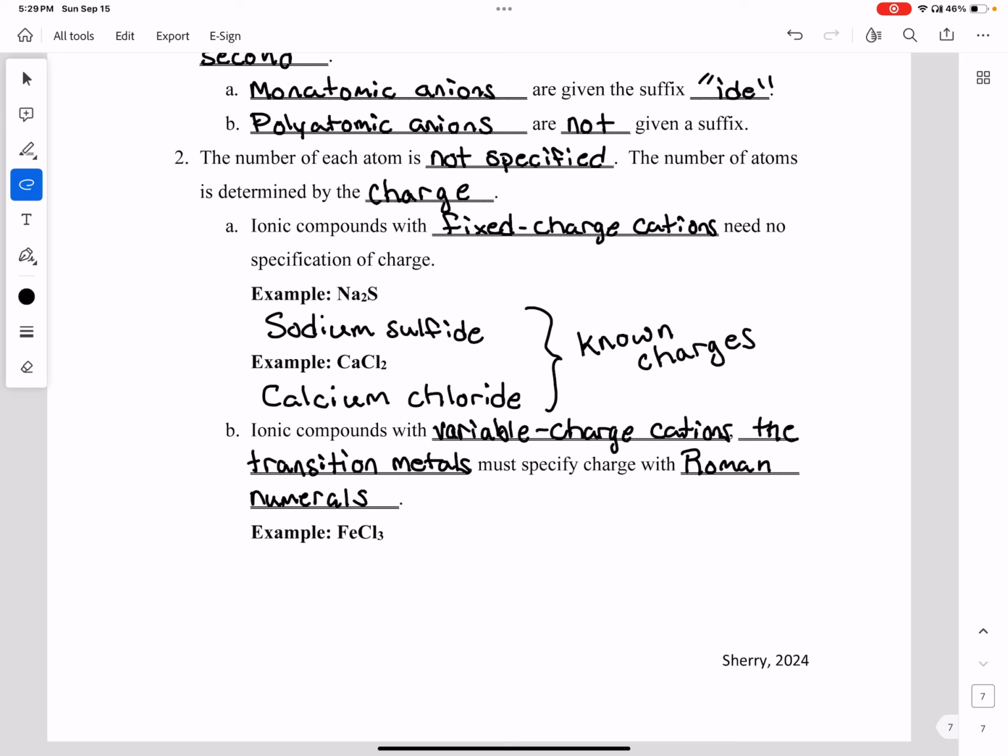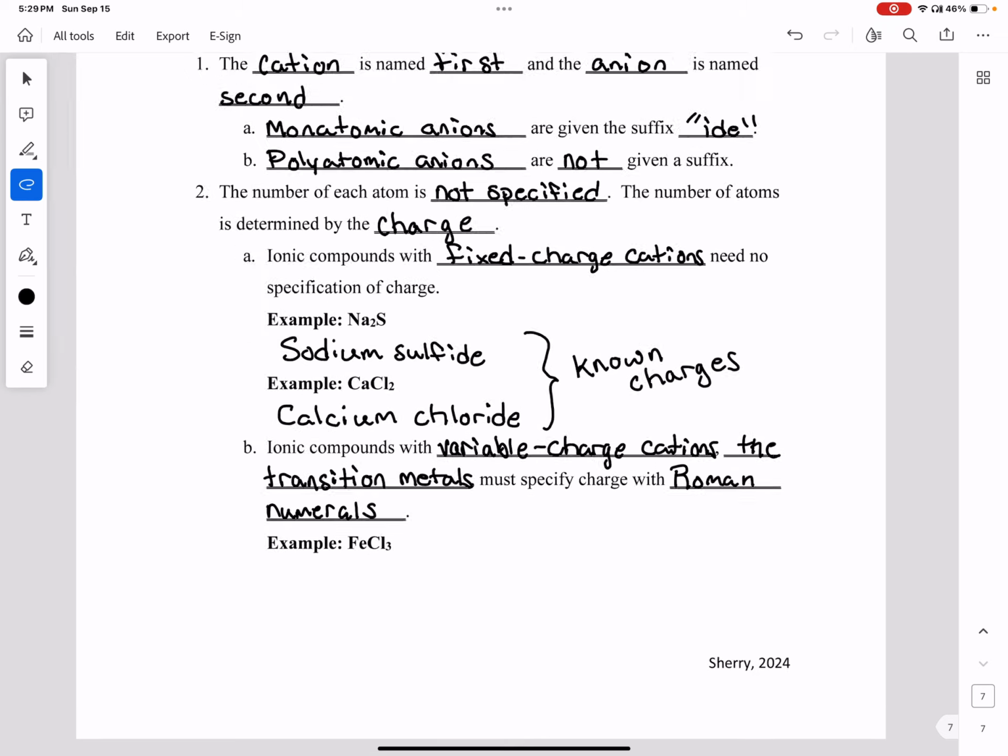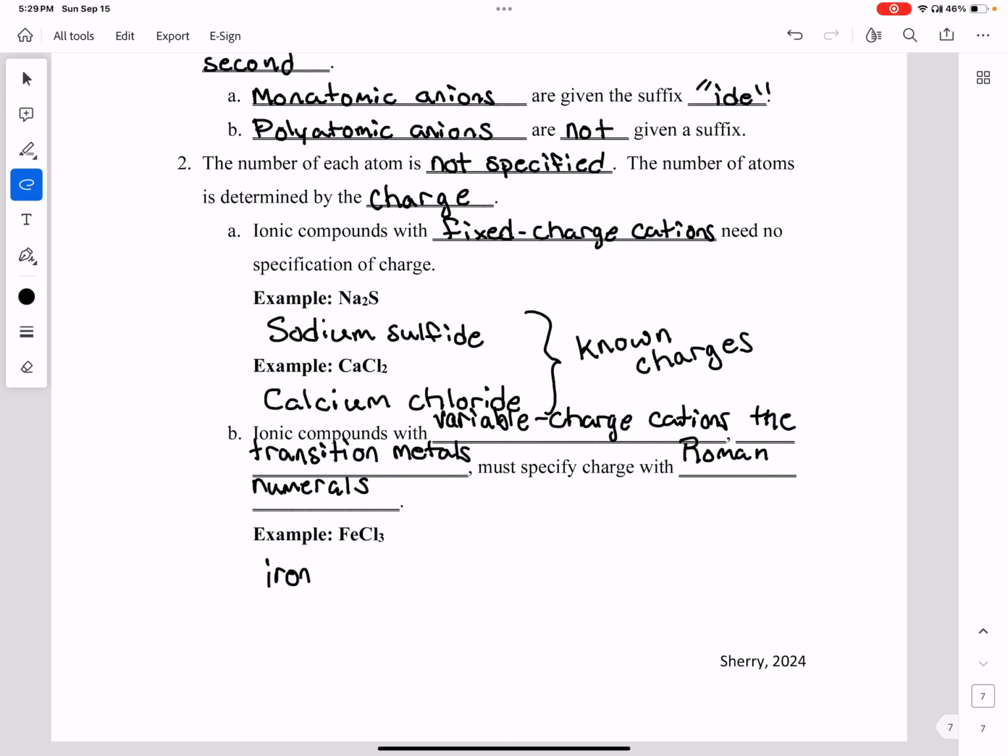For example, if I have FeCl3, I'm going to specify the charge of the Fe, not the number of Cl's. So this is going to be called iron 3 chloride. I'm specifying the charge of the iron, not the number of chlorides. I just know there's 3 chlorides because I know the charge of chloride.